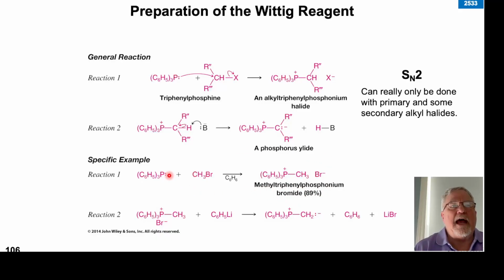We have an SN2 reaction with a methyl halide that's going to go in high yield. Then our second reaction, we just use a base. In this instance, we're using an alkyl lithium as a base. It's a strong base, and it'll just pull off one of those protons on this carbon. These are slightly acidic because they're next to this positively charged phosphorus center, which makes it a little bit easier to pull off that proton to get our Wittig reagent.